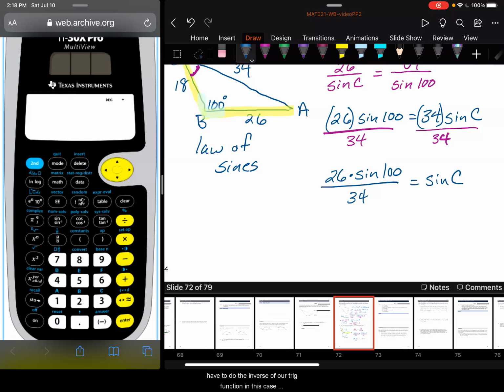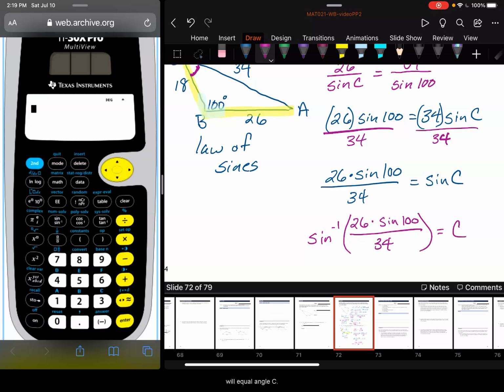In this case, inverse of sine. So sine inverse of 26 times sine of 100 over 34 will equal angle C.